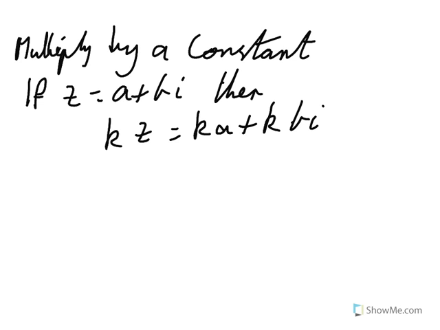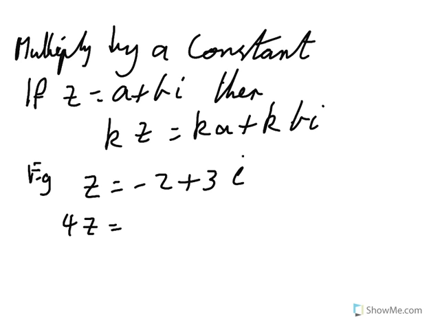Pretty simple. So the example we've got is z equals negative 2 plus 3i, then 4z equals 4 times negative 2, negative 8, and 4 times 3, 12i.